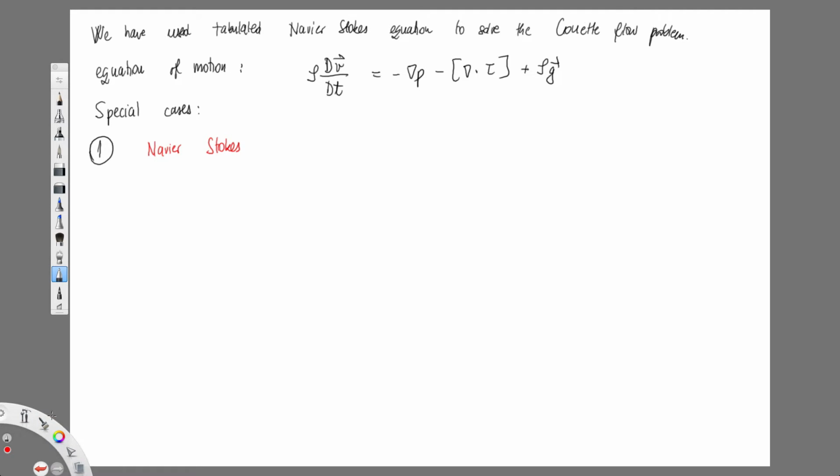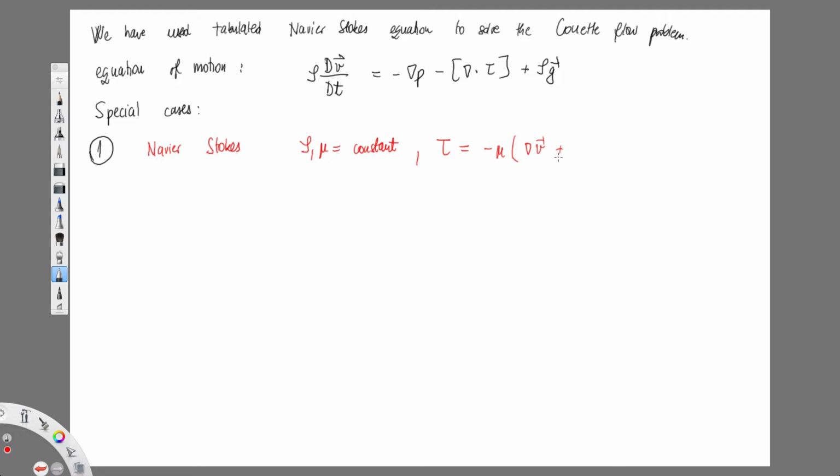That I get when my rho and mu are both constant, and tau has a special form, which by now you should be able to write down if I wake you up at 2 a.m. And that is minus mu times the gradient of velocity.